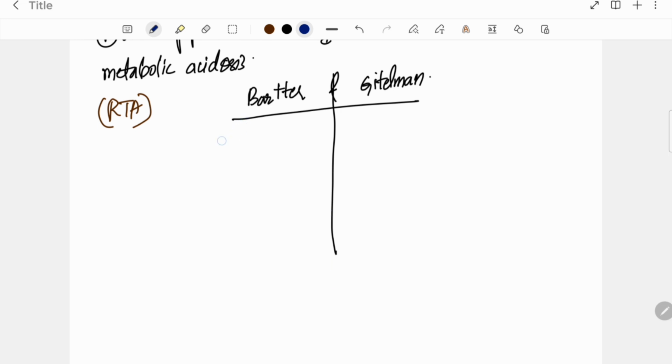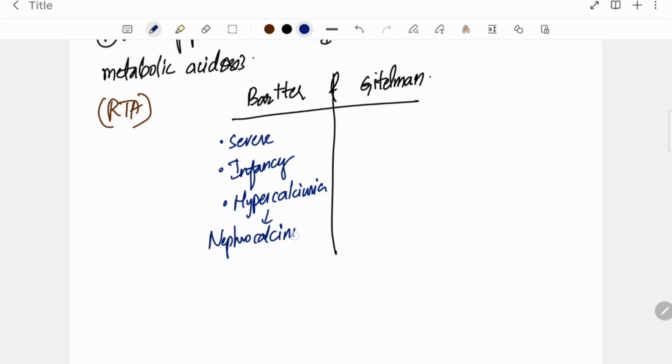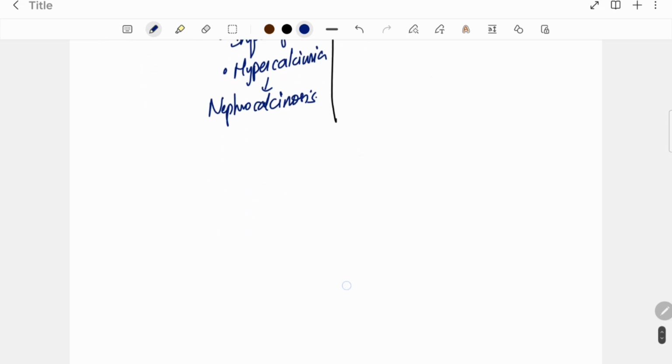Bartter syndrome is a severe form and seen in infancy. Here the patient has hypercalciuria, which will lead to nephrocalcinosis. The mother has antenatal polyhydramnios.